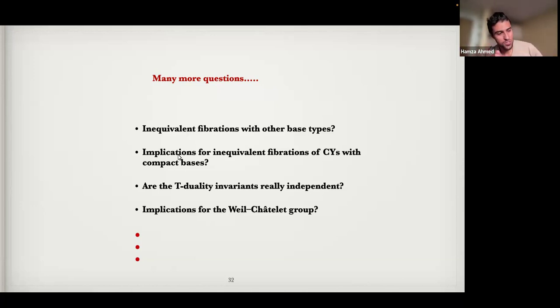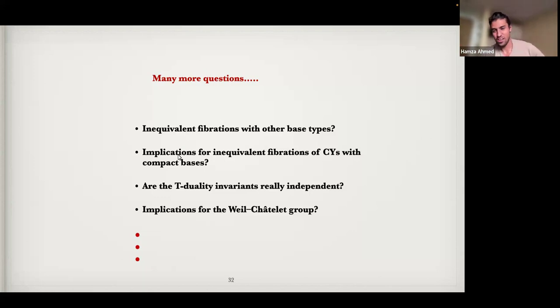But what's interesting is that in that case, they realize them as inequivalent fibrations of the same Calabi-Yau. So it can't be the dual Calabi-Yau, because it's the same Calabi-Yau, just different fibrations of it. That would seem to say that mirror symmetry is not T-duality, because you're not going to the mirror Calabi-Yau.